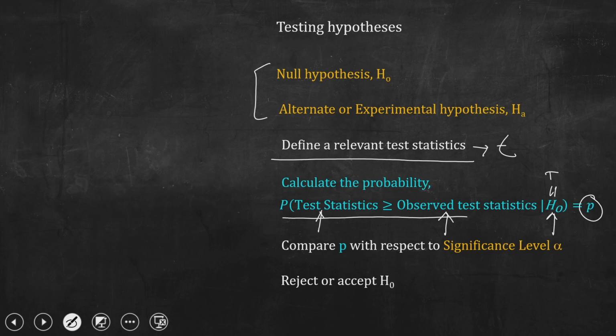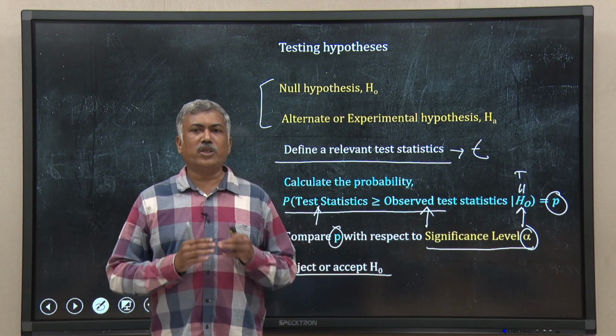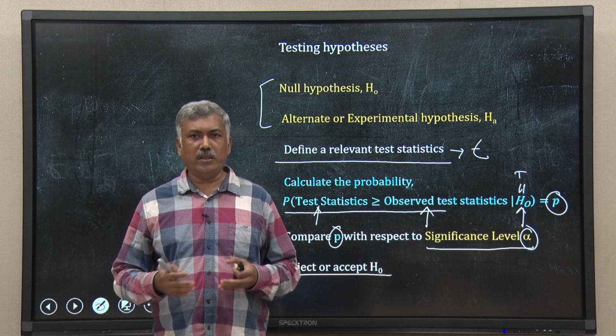Now, you compare that p value with some significance level alpha, and based on that comparison you either reject or accept the null hypothesis. This is what a test of hypothesis is, or some people will call it a test of significance.